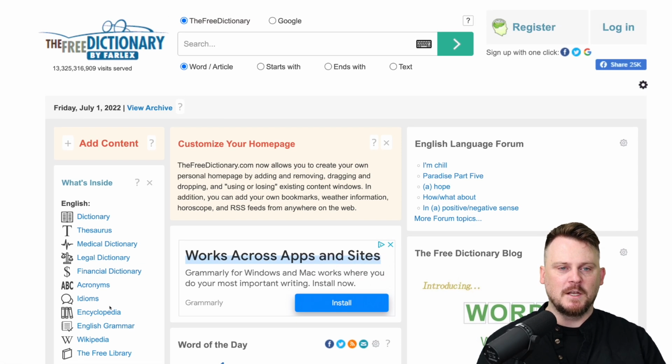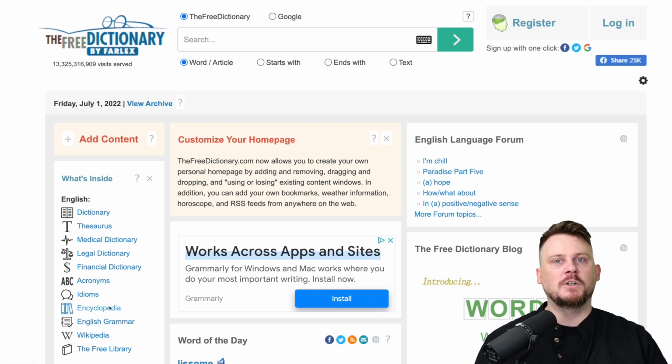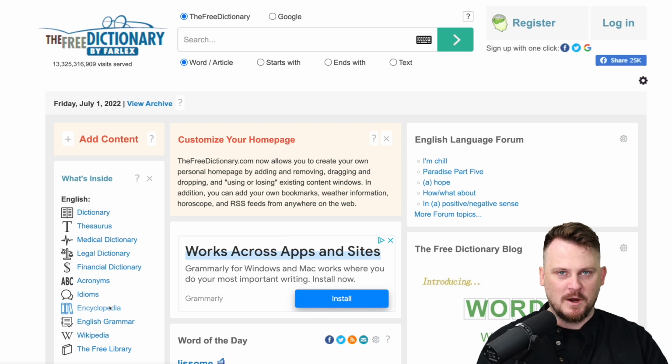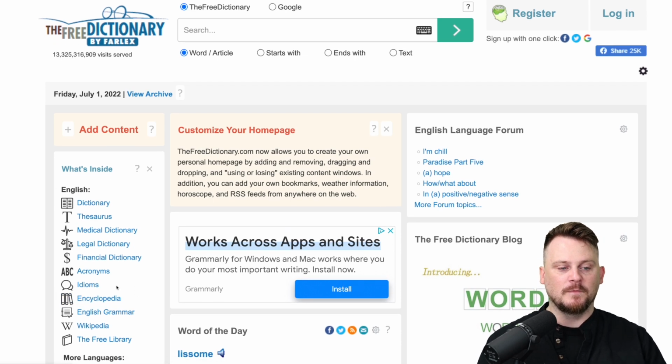So I think it's laid out well, but also very importantly because it has idioms, which is rare for a dictionary. Most dictionaries do not have idioms and phrases that you can learn. So that's pretty cool.